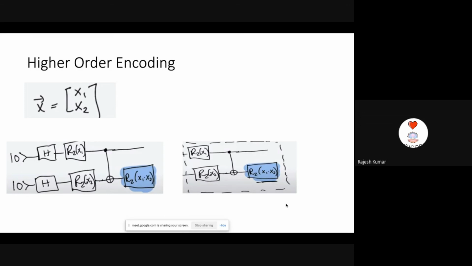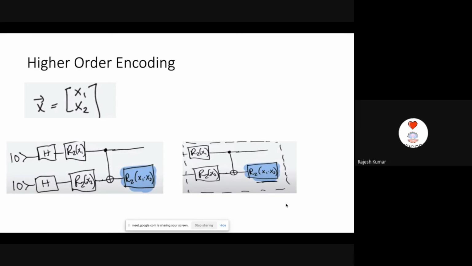So we take x1 and apply a Hadamard gate. You all know that the Hadamard gate puts the qubit in a superposition. So x1 will be in a superposition state, and then we do a phase rotation, a z angle phase rotation. That is what Rz(x1) does.